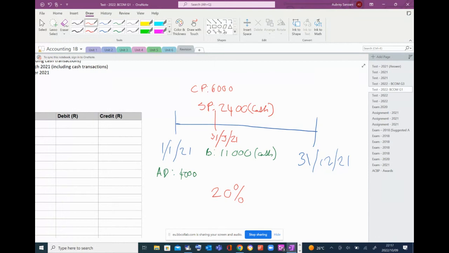Okay, so step number one, you guys tell me. Asset disposal. Was this asset disposed mid-year or at the beginning of the year? When was it disposed? It was disposed mid-year. So what's our step number one according to a mid-year asset disposal?